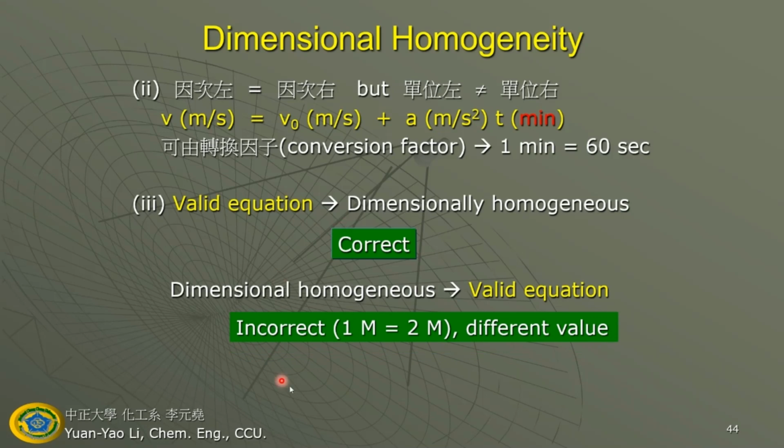Because, for example, take this equation: 1 meter equals 2 meter. This is dimensionally homogeneous, but unfortunately 1 meter doesn't equal 2 meter, right? Why? Because the values are different. So it just tells you that even if an equation is dimensionally homogeneous, it doesn't mean it is a valid equation. This is the example. Okay?